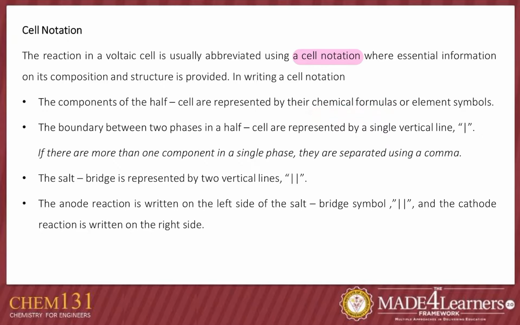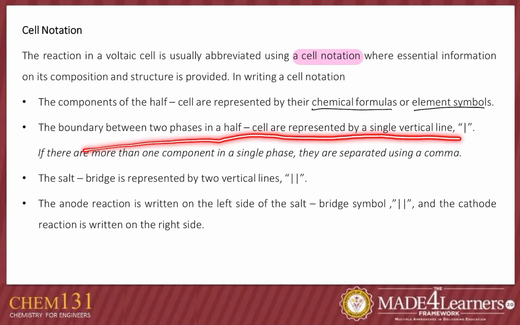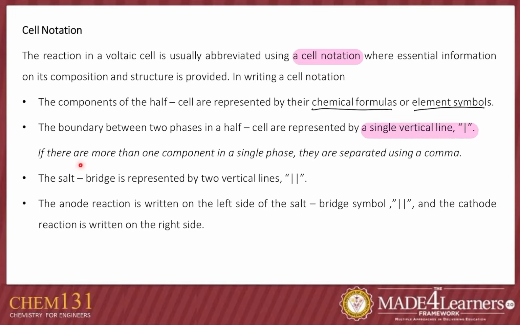The boundary between two phases in a half cell is represented by a single vertical line. For example, solid and liquid or liquid and gas, so the chemical formulas are separated by this single vertical line.